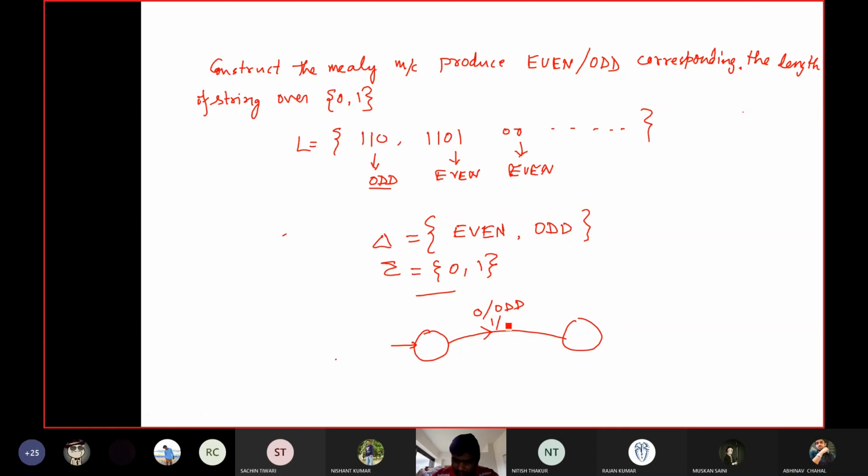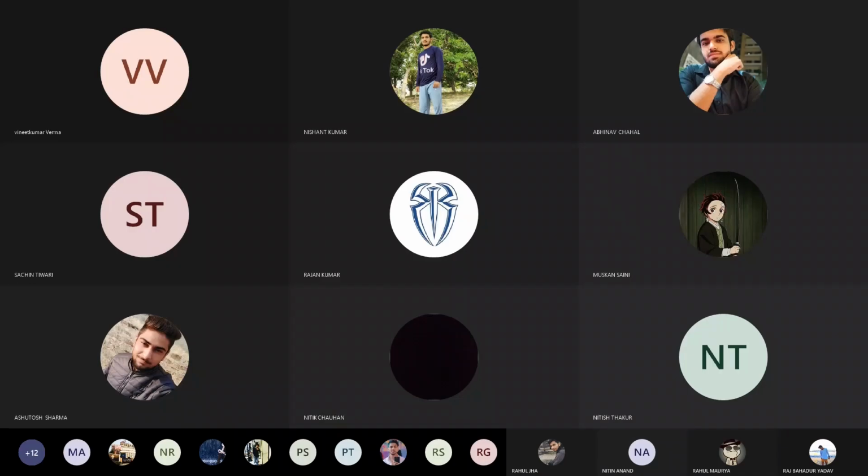If it is 1, then the output is odd. But when again 0 or 1 is applied, then the output becomes even. Clear?